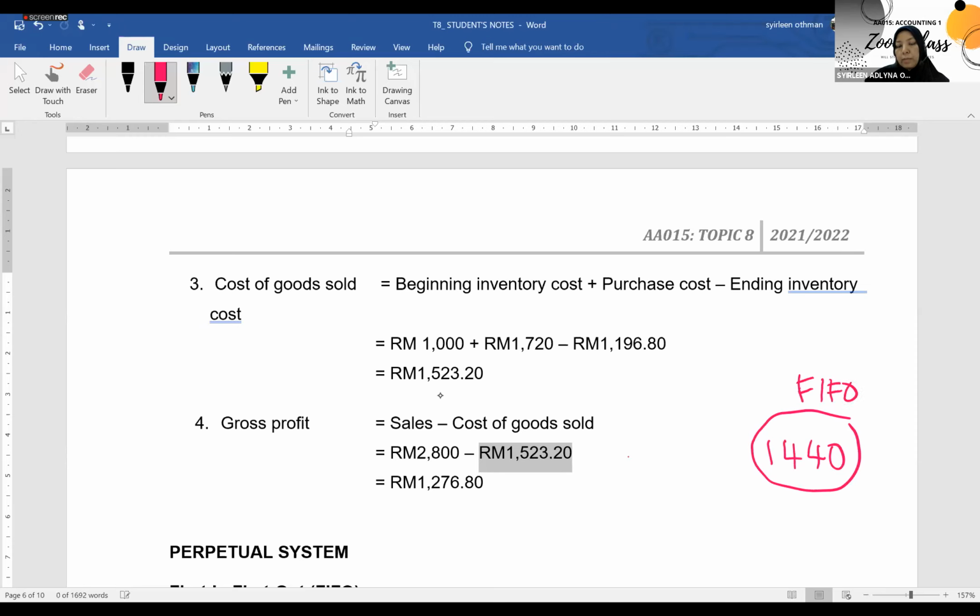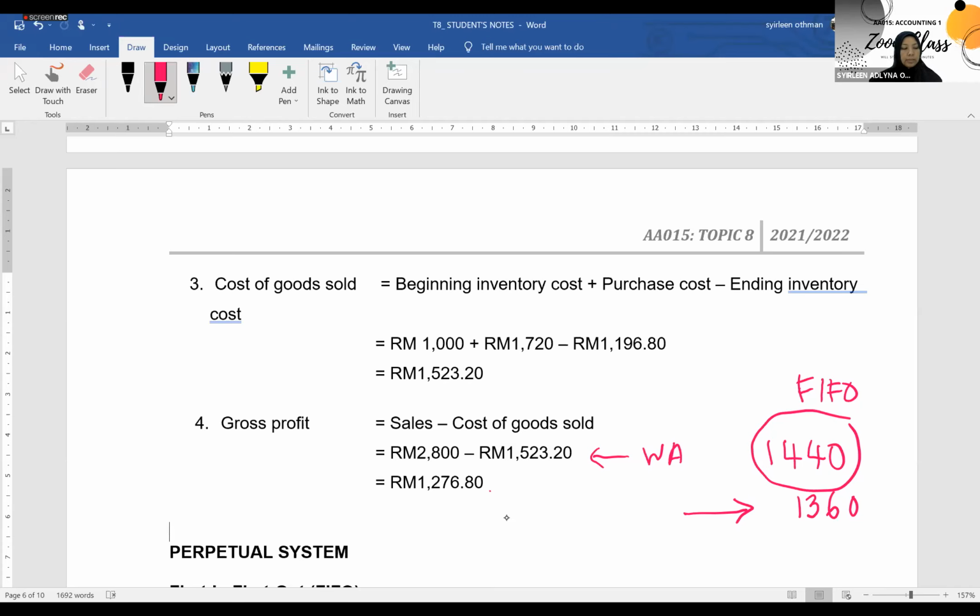Tapi ini bila kita guna weighted average. So bila kita guna weighted average, you can see the COGS is slightly higher. Jadi untung kamu gross profit you rendah lah, which is RM1,270.80. Kalau kita guna FIFO tadi, your gross profit is 1,360. Okay, so you can see the difference there. So this is when we are using the weighted average method.